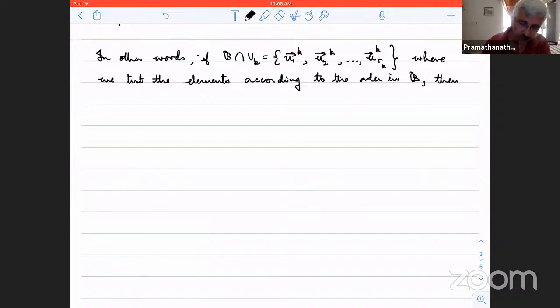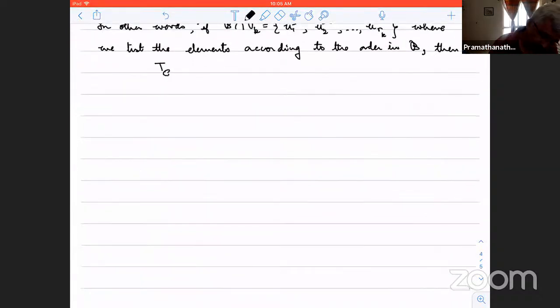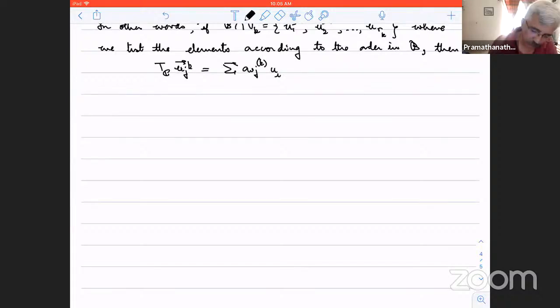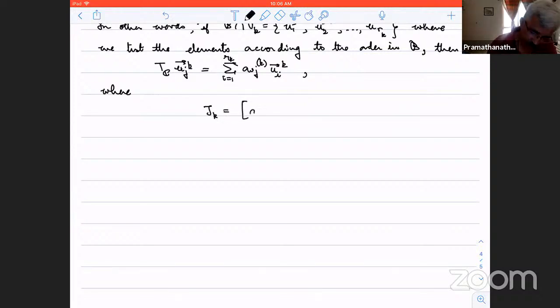Then T_C of U_j^k is equal to the sum of A_ij^k U_i^k, i going from 1 to r_k, where J_k is the matrix A_ij^k.